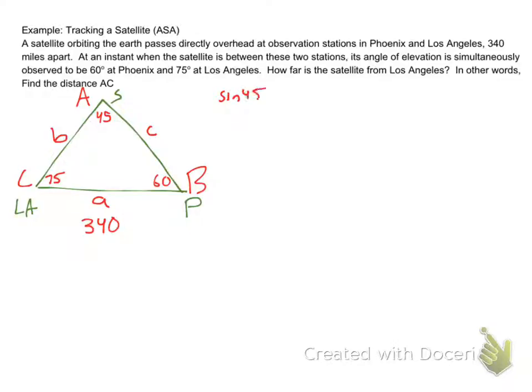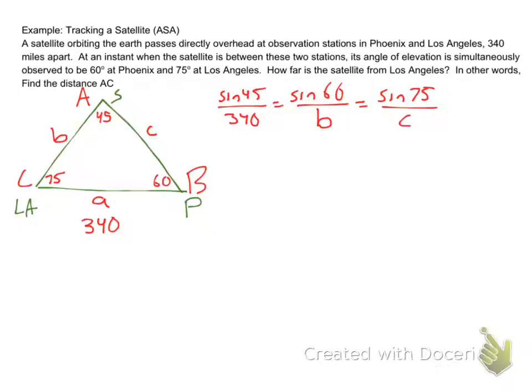Sine of 45 over 340 is equal to sine of 60 over B is equal to sine of 75 over C. Now, like I said before, I cannot actually solve for B and C at the exact same time with all three.